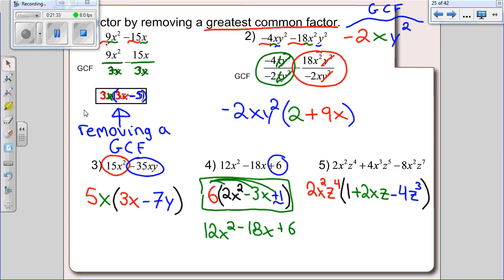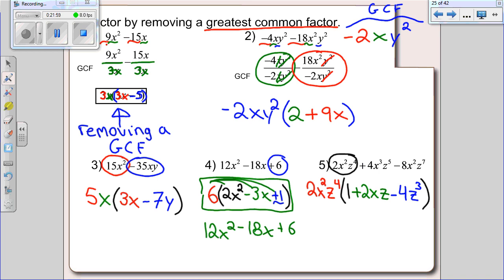For 5, the same thing happens. So if you go and you take out your GCF, the very first term, when you divide 2x squared z to the power 4 by your greatest common factor, you'll notice they're the exact same thing. But 2 divided by 2 equals 1. That's why there's a 1 to start things off. What if there wasn't 2's?